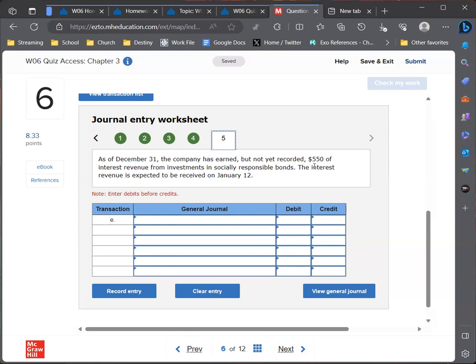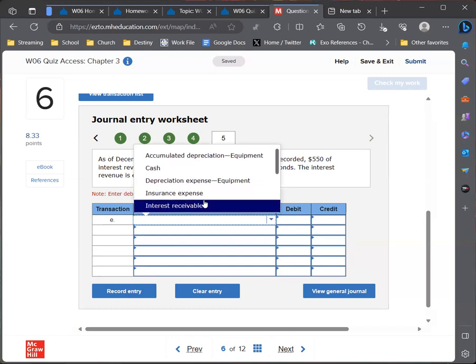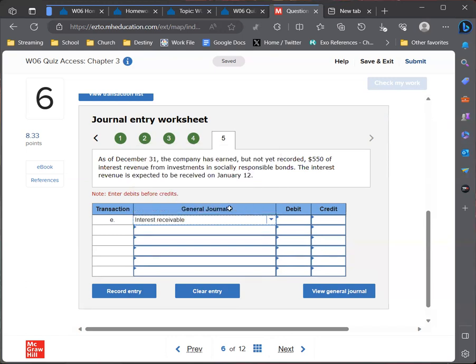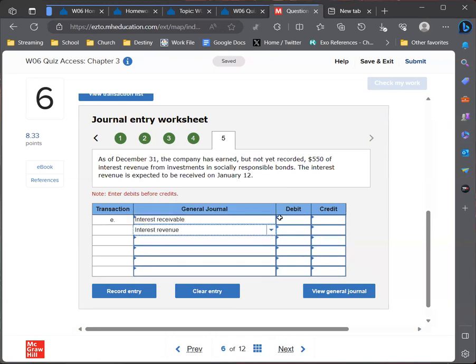The interest revenue is expected to be received on January 12th. Now, this is due by interest, so for the first one we would do interest receivable and then interest revenue, which is right here. Since mine is 550, I will put 550 for both of them.